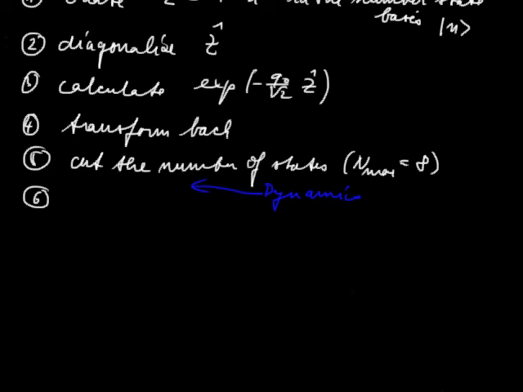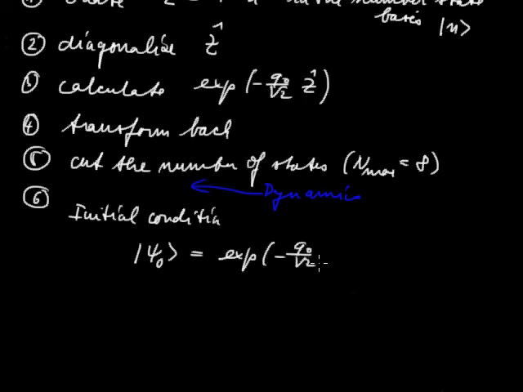So we will calculate the initial condition, which is psi 0 equals the exponential, or this operator that we have just calculated, a plus minus a, so that's Z acting on the 0. That is basically what we need.